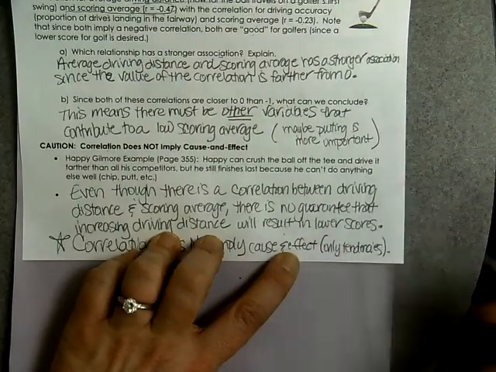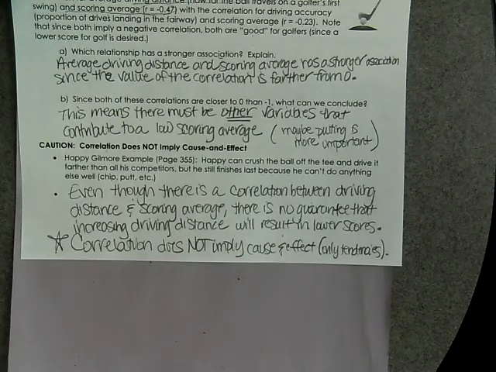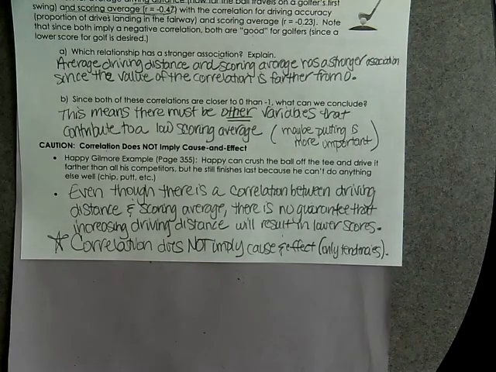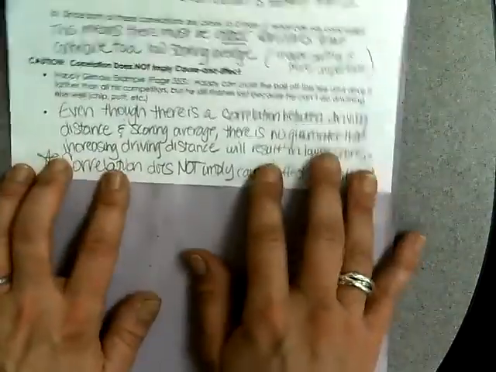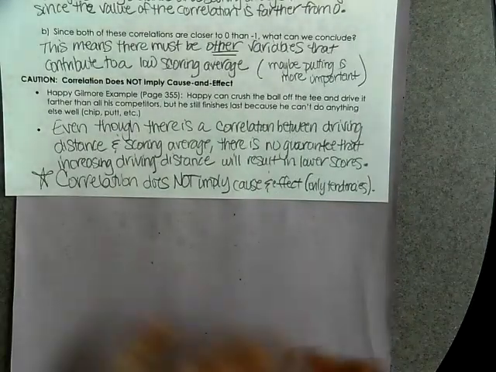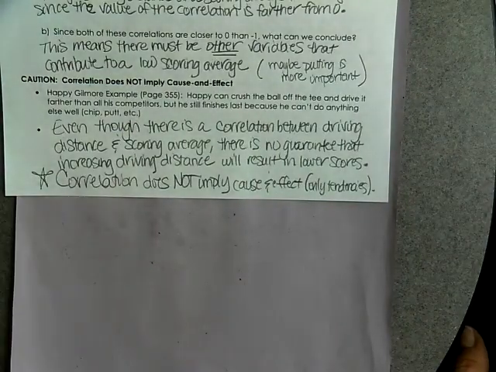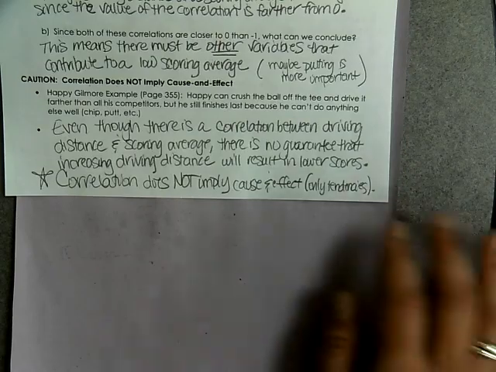And to be honest, even if the association has a correlation of 1, you still can't say cause and effect. So again, if you want more information about that, take a look in the text. They do a pretty nice job discussing it. So that's a little bit about correlation. I know the other day we were concerned about how we could decide if something was strong, moderate, or weak. Now we can use our calculators to help us out with that. But let's just keep in mind that we cannot conclude any cause and effect from that, okay? All right, thanks so much.